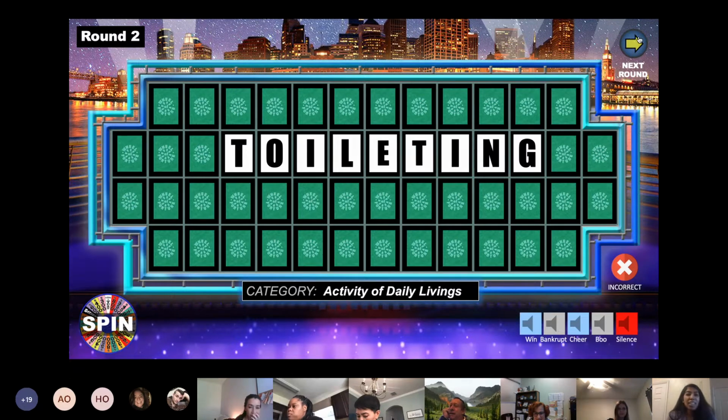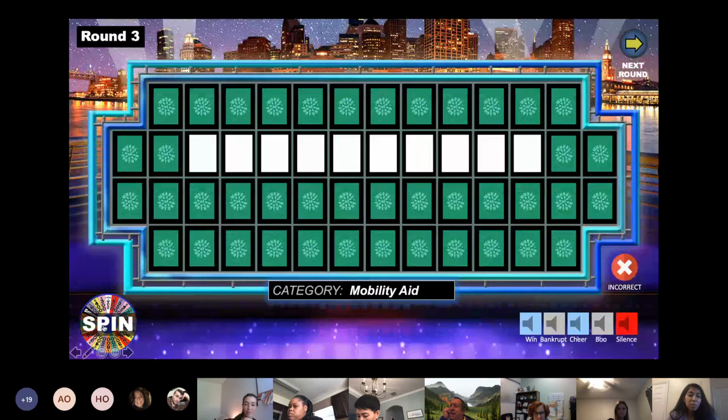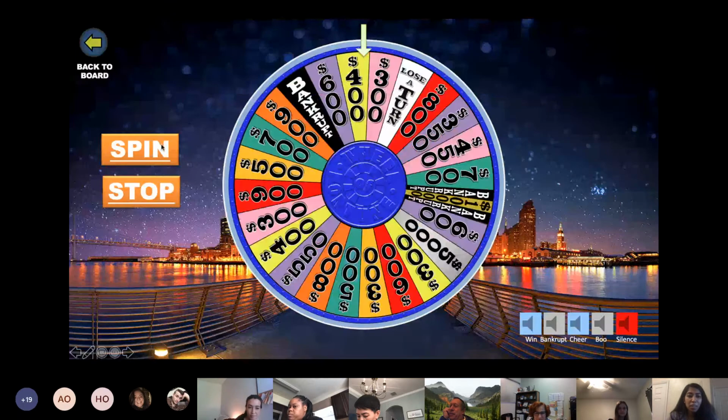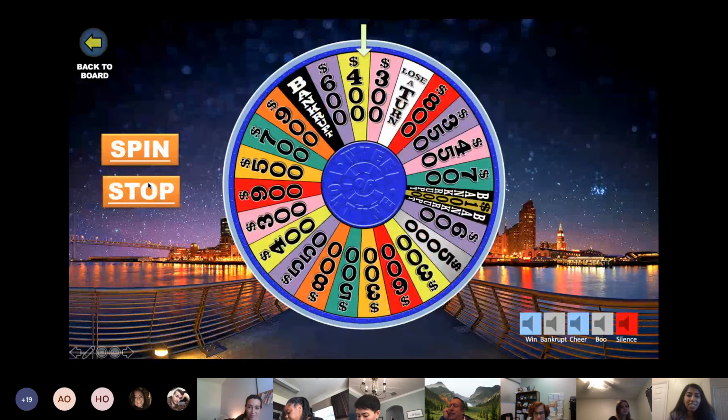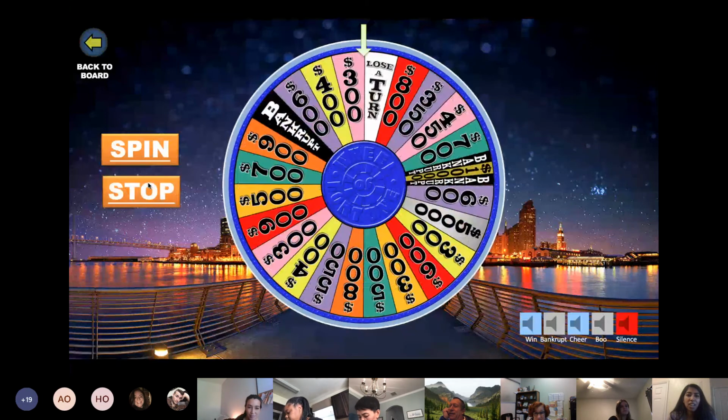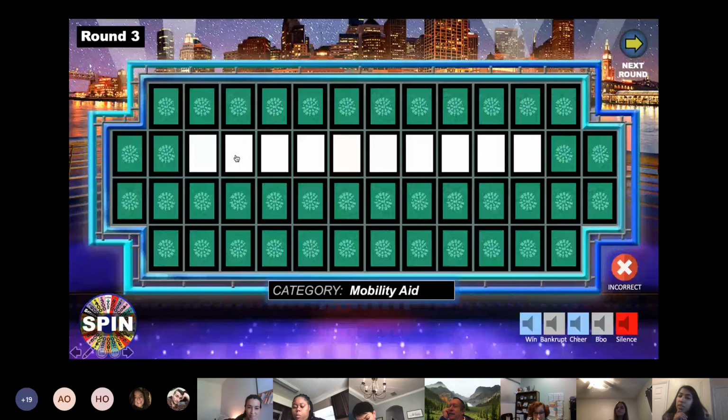Good job. So round 3, we're going to spin again. I'm going to say it's 300 points. And the category is one of the mobility aids that I was talking about.